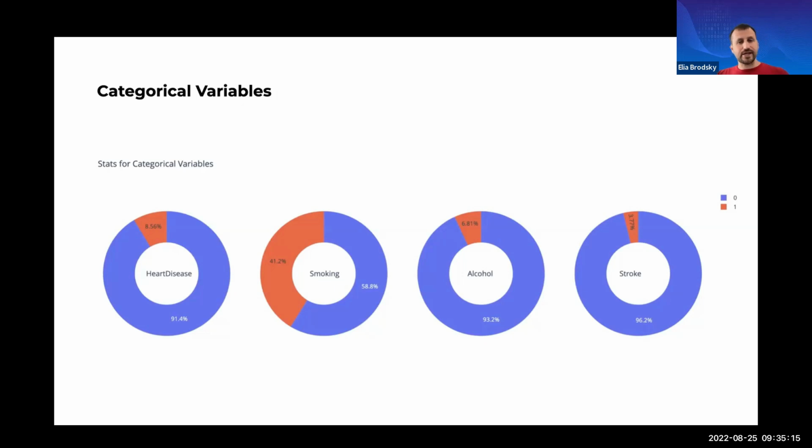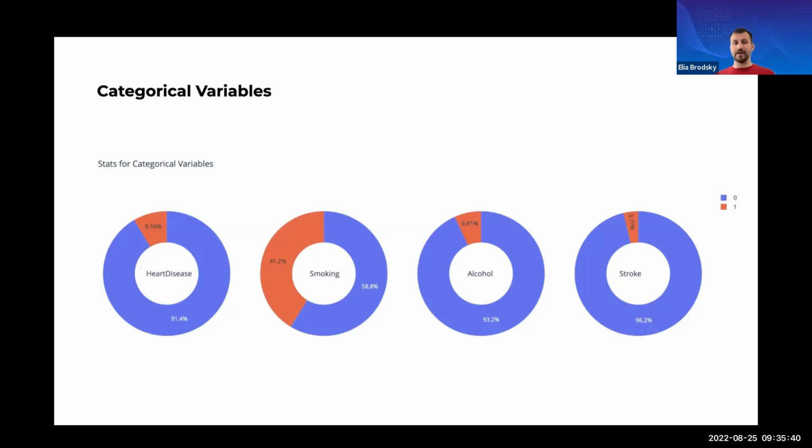There's about 60% smokers and 40% non-smokers, and about 93% alcohol consumers versus about 7% people that don't consume alcohol. In addition to that, there's 96% of people that had a stroke and about 4% that did not have a stroke, right? So this just gives us some statistical understanding of categorical variables.